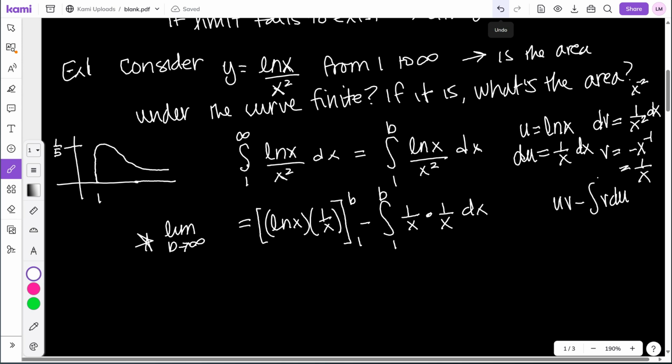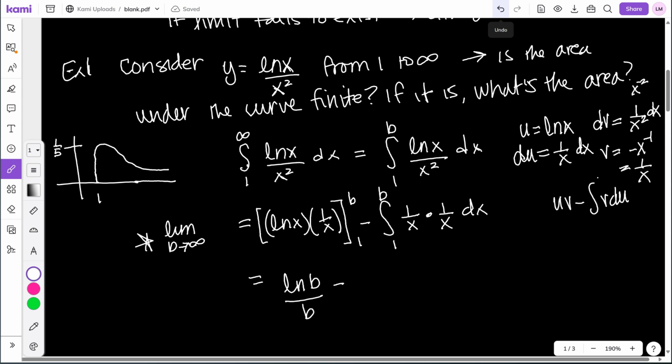So now I can integrate this. I'm going to go ahead and evaluate this. So I'm going to plug in b. So I have natural log of b times 1 over b. So I'm just going to put that b on the bottom.